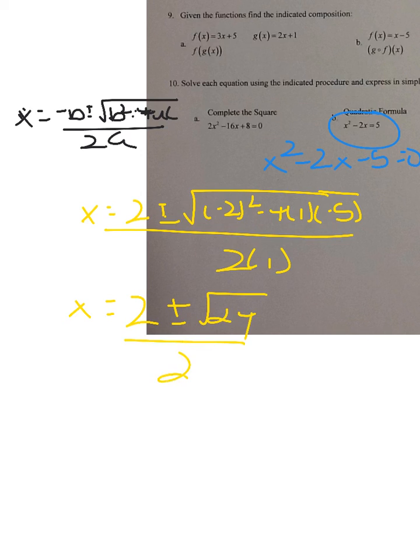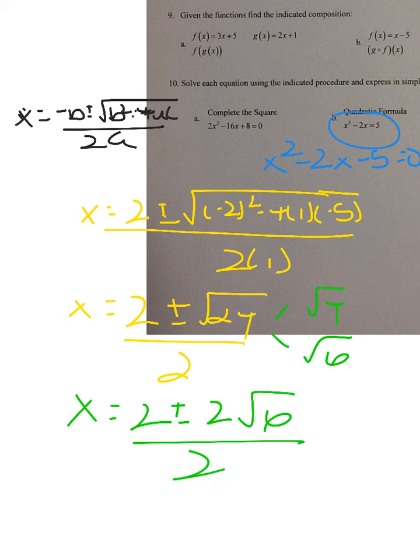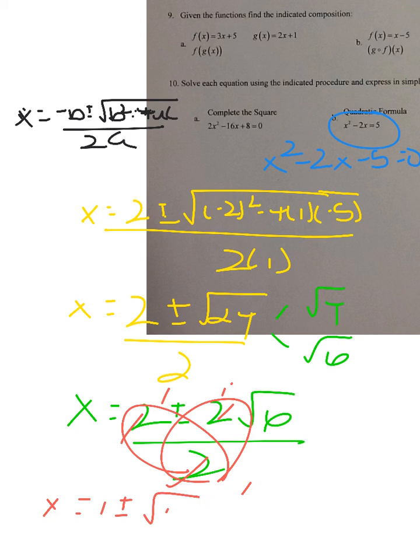You have to simplify the square root of 24, square root of 4, square root of 6. So that's 2 the square root of 6. So it's 2 plus minus 2 the square root of 6 over 2. And then you have to reduce here. The 2's reduce to all 1's. So x equals 1 plus minus the square root of 6.